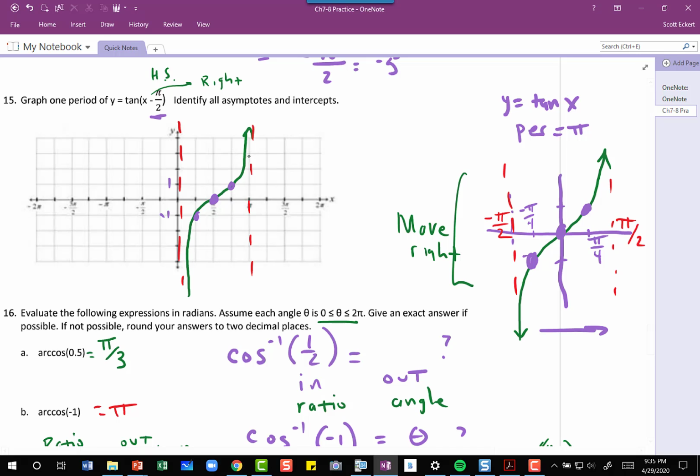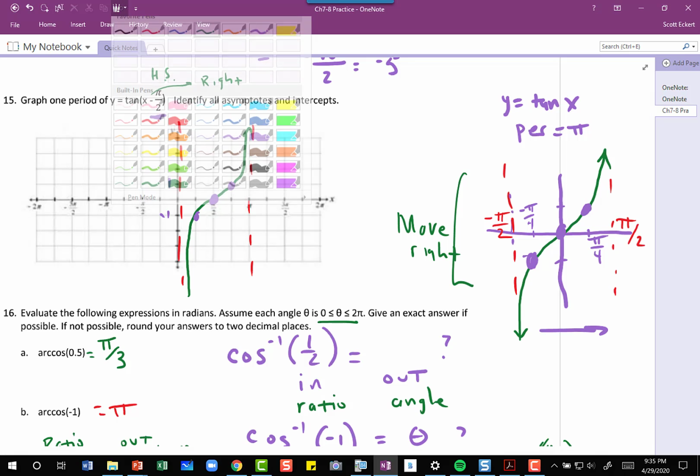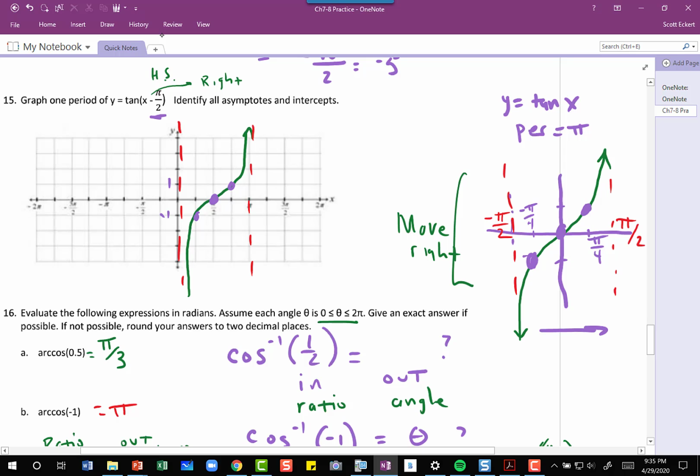So let's see. It does say to identify asymptotes. We have 2 asymptotes: x equals 0 and x equals pi. And identify intercept points.